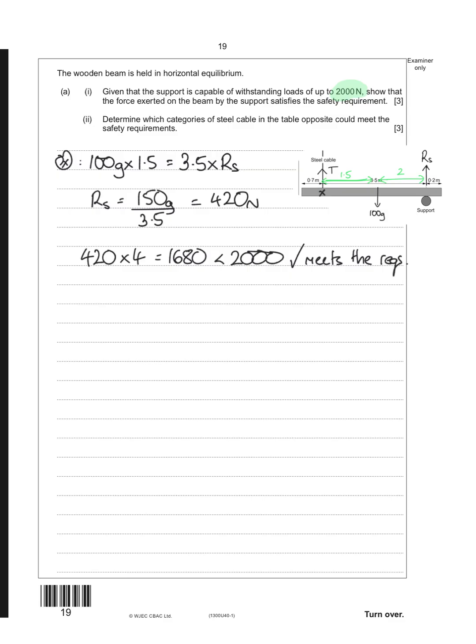Happy about that. Determine, oh I forgot this is a dotty one, determine which one of the categories of steel cable we need. Well, we actually need to find the tension that the steel cable is under, and for this one I could do another moments equation, but I'm not going to.